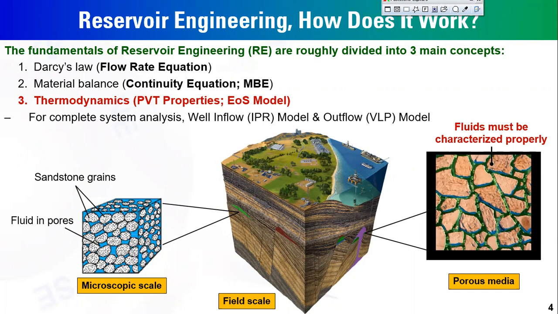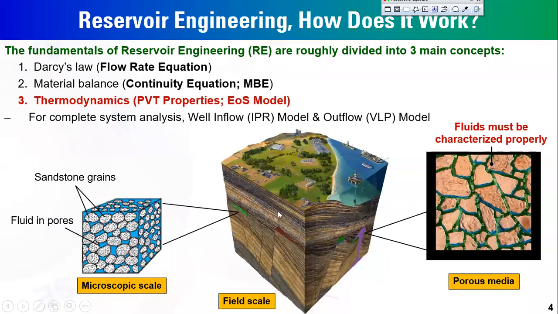That means the reservoir fluid properties like oil density or viscosity or formation volume factor and solution gas oil ratio and so on. All of these properties are functions of pressure. So let's imagine in this 3D section of the reservoir, the pressure will decline from the average reservoir pressure and at the reservoir temperature to bottom hole flowing pressure.